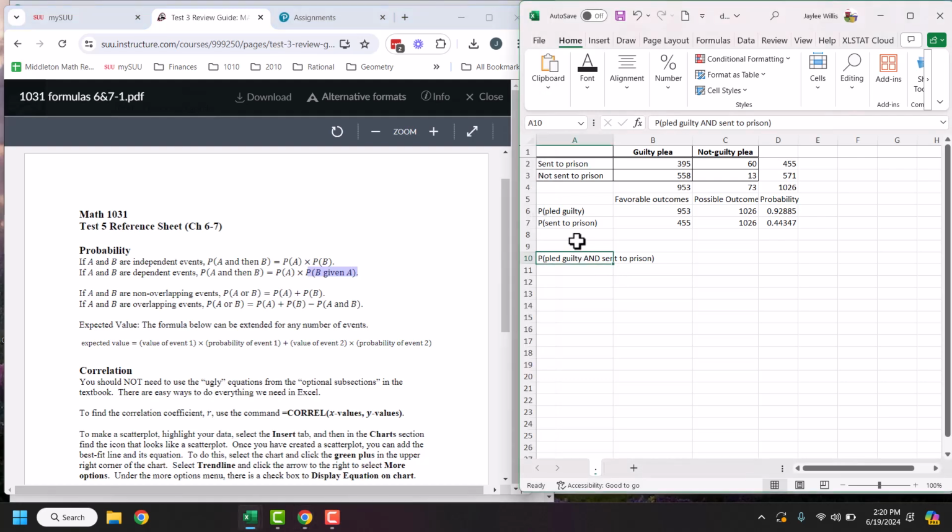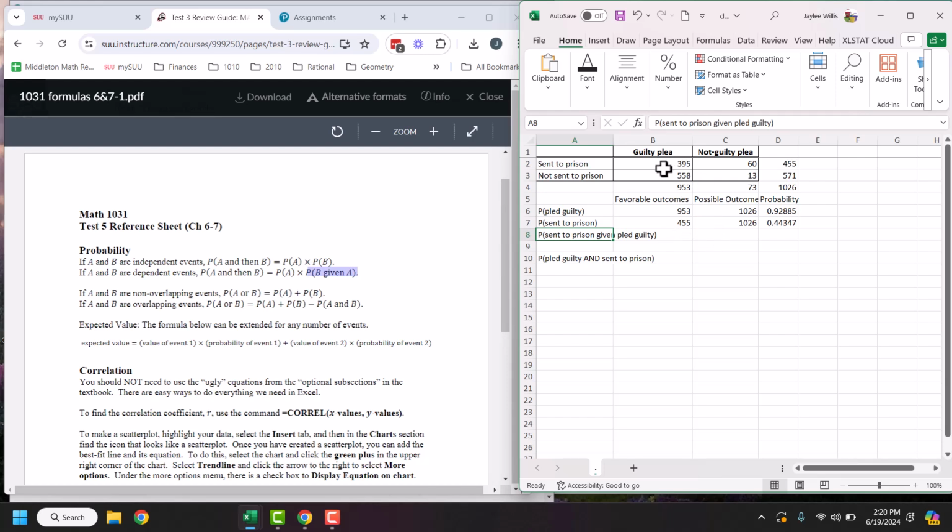So I'm looking for the probability of being sent to prison, because that's the second event I'm looking at, given pled guilty. What this "given" means is assuming that the first thing happened. So in this case, assuming that they pled guilty, what's the probability they got sent to prison?